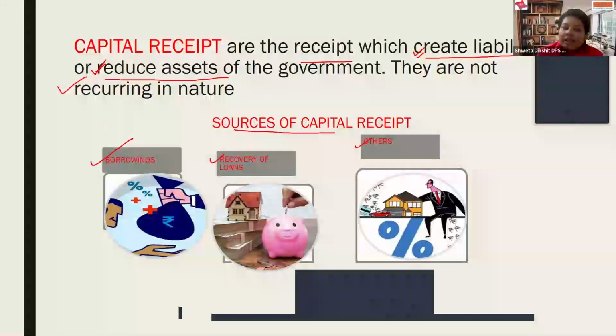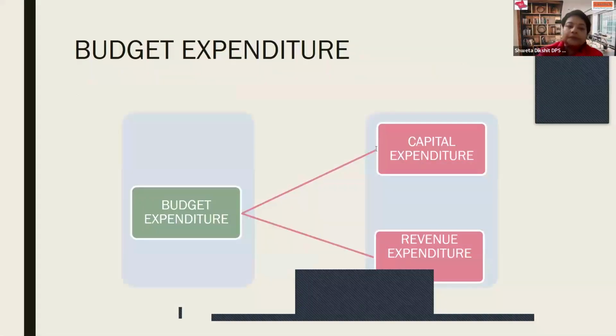So you remember it very well. There are basically three: borrowings, recovery of loans, and others. Under others, you can write four points: disinvestments, investment from the rest of the world, effect on the foreign exchange reserves, and also deficit financing, which officially doesn't exist. But yes, unofficially it still does.